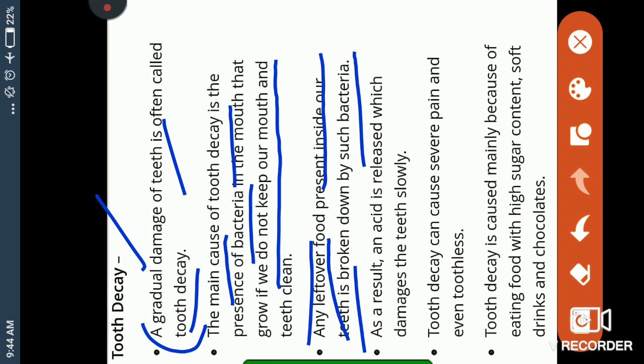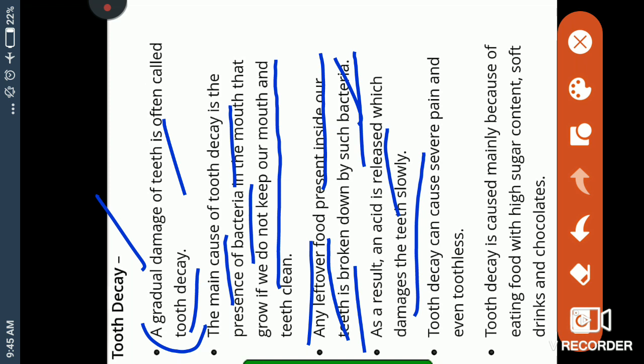Whatever we eat, if it is stuck in our teeth, then bacteria will be born there. As a result, an acid is released, which damages the teeth slowly.